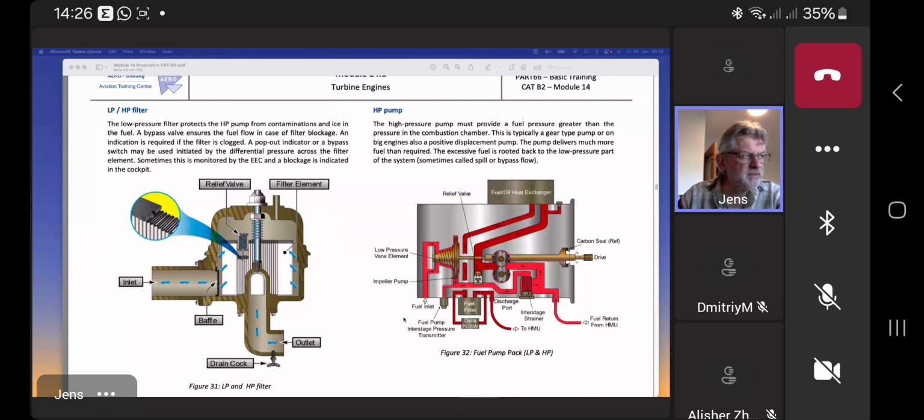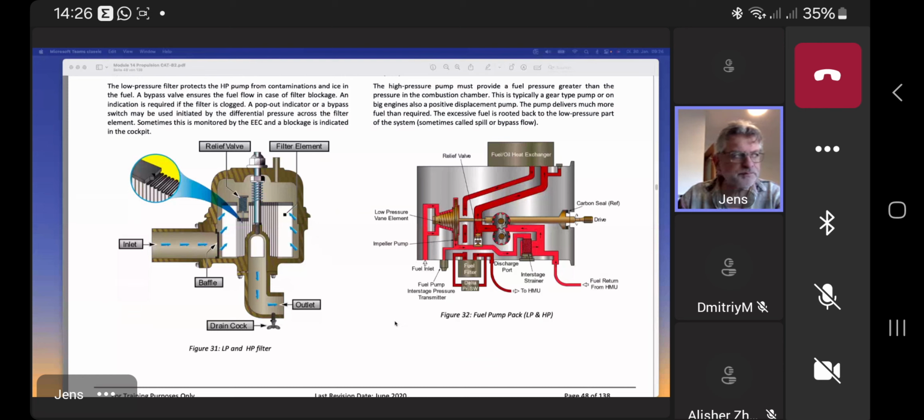It's always nice to filter, and all filters have, of course, a bypass. Some filters, if it's important information, also have the differential pressure switch that measures the pressures before and after the filter in order to have it displayed in the cockpit.